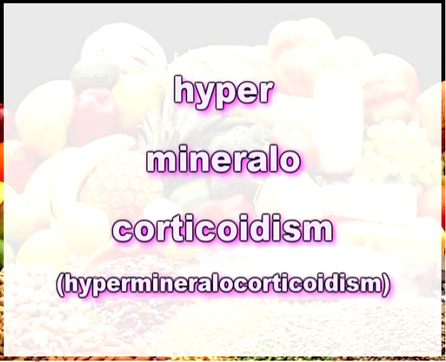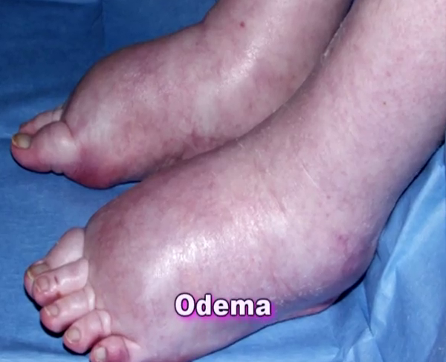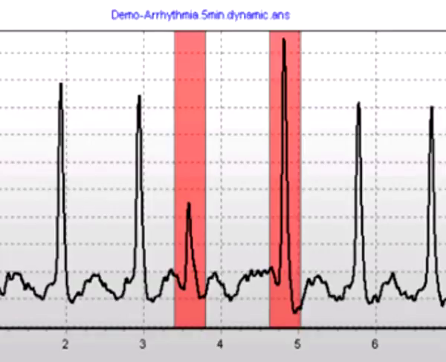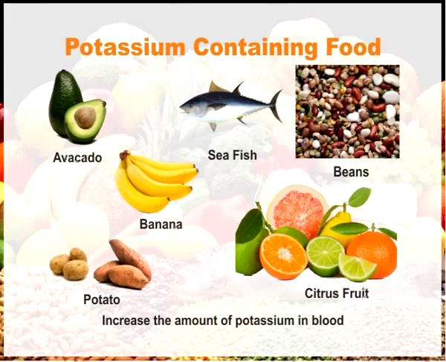A high intake of licorice can cause hypermineralocorticoidism with sodium retention and potassium loss, edema, increased blood pressure and depression of the renin-angiotensin-aldosterone system. Digoxin taken with glycyrrhizin can cause irregular heartbeat and heart attack.